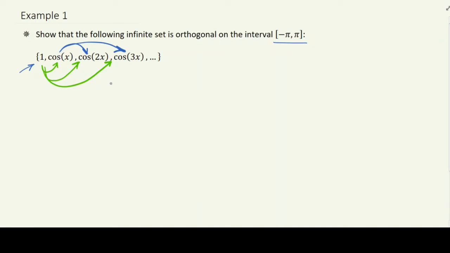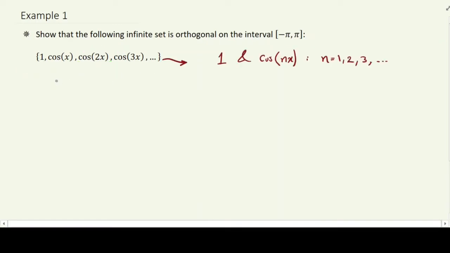So the solution for this problem is that we can write all these functions that we have here as a class of cosine nx, in which n varies from 1 to infinity and is going to be an integer 1, 2, 3, and so on and so forth. So cosine nx is going to be representing all these functions that we have here.